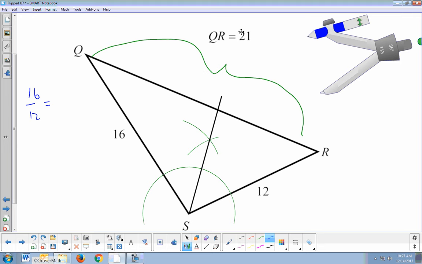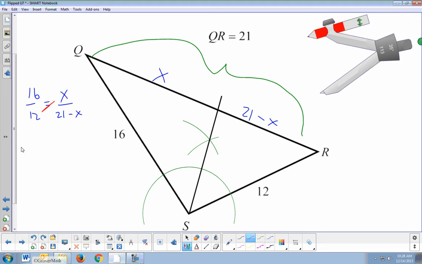But I do know this whole thing's 21, so I could make one of them x and then create another expression over here. Again, I don't want another variable, but I could say that this would be the whole thing minus this piece x over here. So that would be x over 21 minus x. And that's what I can use as my proportion to cross multiply.